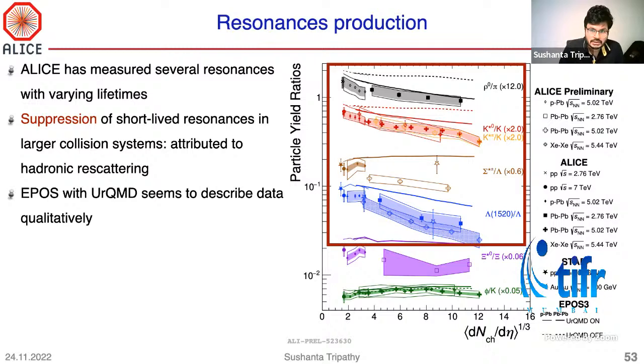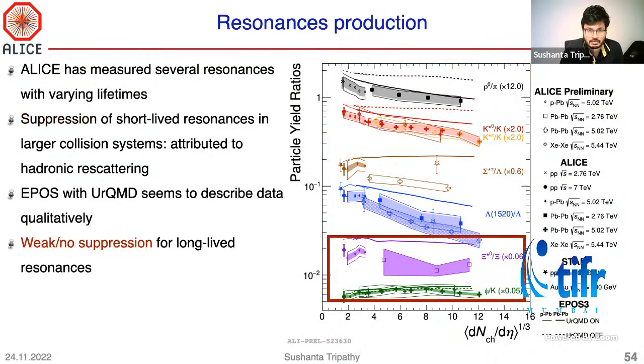What we see is a significant suppression of short-lived resonances, which is basically attributed to the hadronic rescattering. When I say significant suppression, it is with respect to the small collision systems or low multiplicity collisions. Using this fact with respect to the pp collisions, one can obtain a lower limit of the hadronic phase lifetime as well.